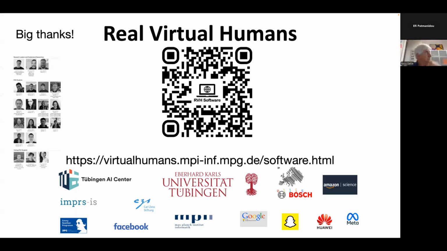Now, we haven't solved many of the problems. One problem is that we don't separate clothing from the body yet in this model, so we would have to have some solution for this. We haven't looked at the dynamics, but I think the solution goes through leveraging multi-view diffusion, maybe having some generative model of clothing, which is something we're also looking at.